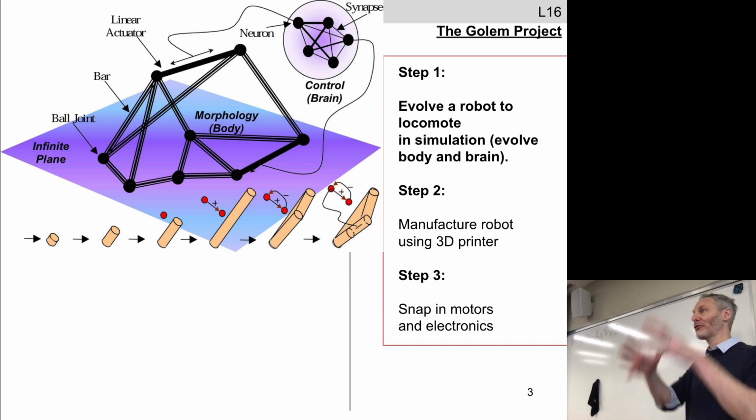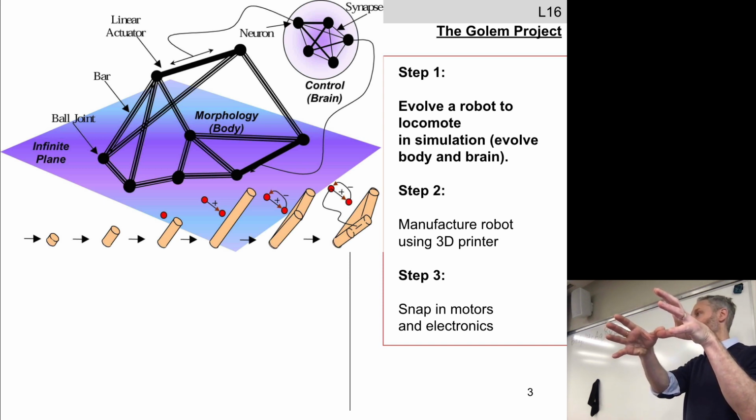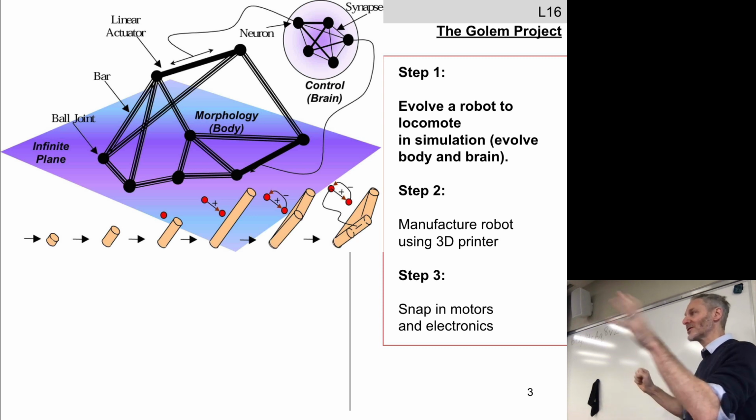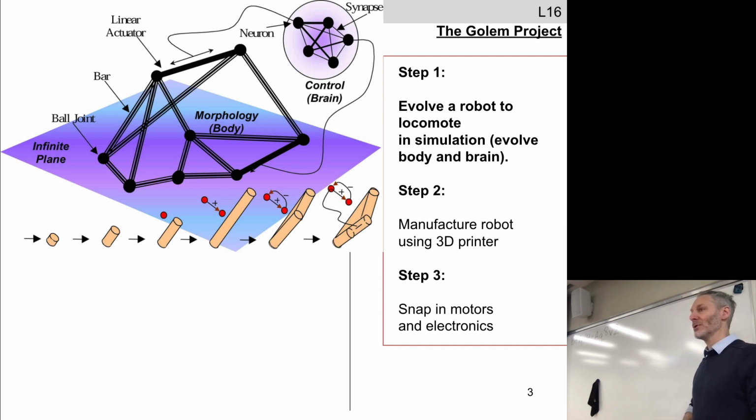And if we do enough automated design by evolution and automated manufacture by 3D printers, we can design, manufacture, and if a lot of those robots don't cross the gap, who cares? We keep going until we get one that does. That's the intuition underneath the GOLEM project.